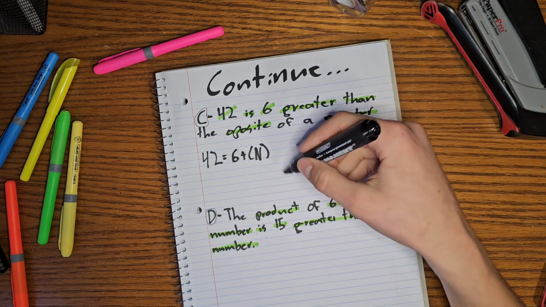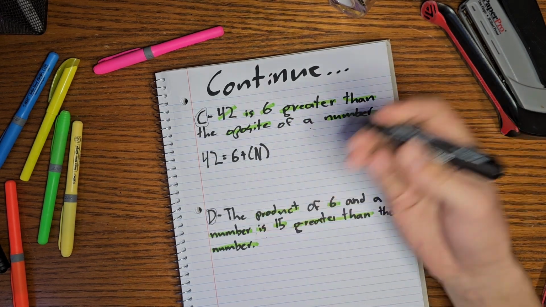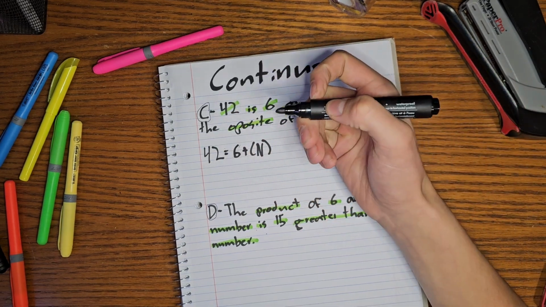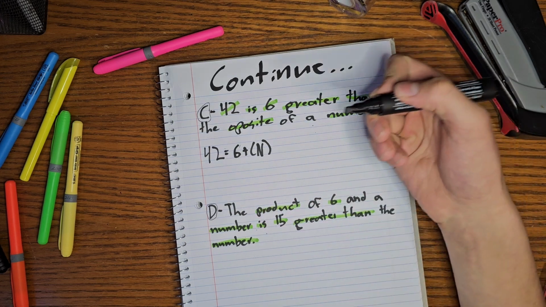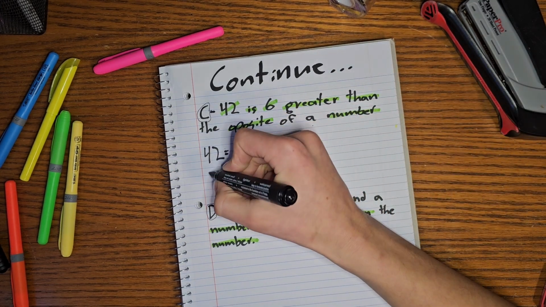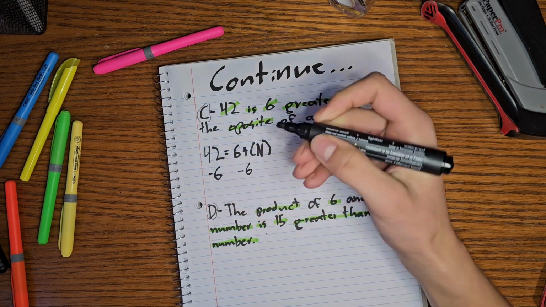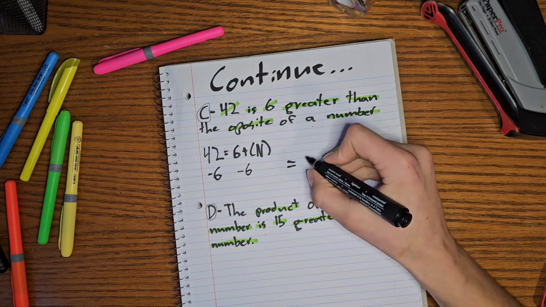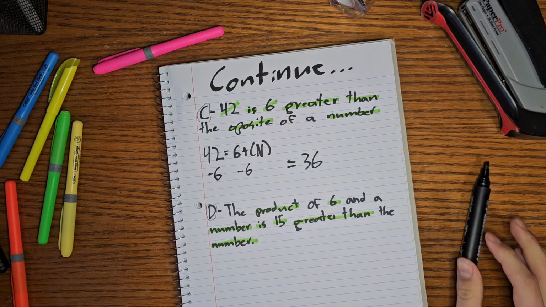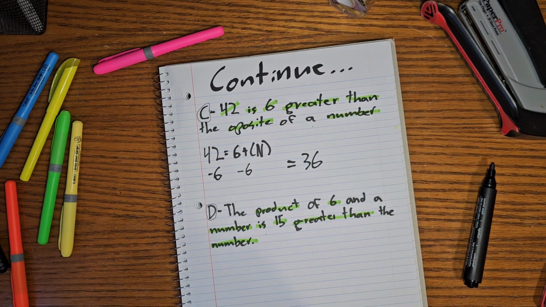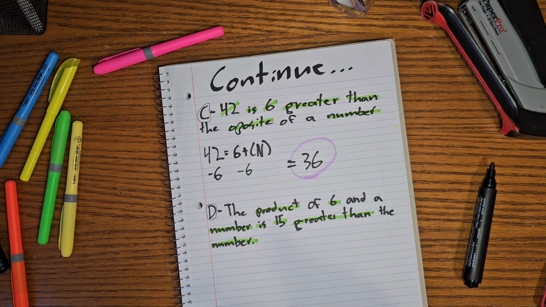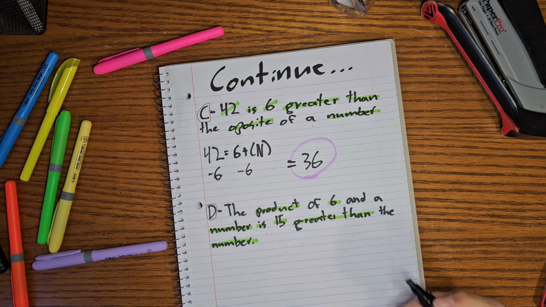So 42 equals 6 plus n, because it's 6 greater. Sorry, I was looking at the bottom question there. So the opposite of a number, we're just putting as n because there is no other n in this equation. Again, super simple. Instead of adding 6 like we did before, we just do minus 6. And that equals 36, because 42 minus 6 is 36. Sorry, I got confused on that one.